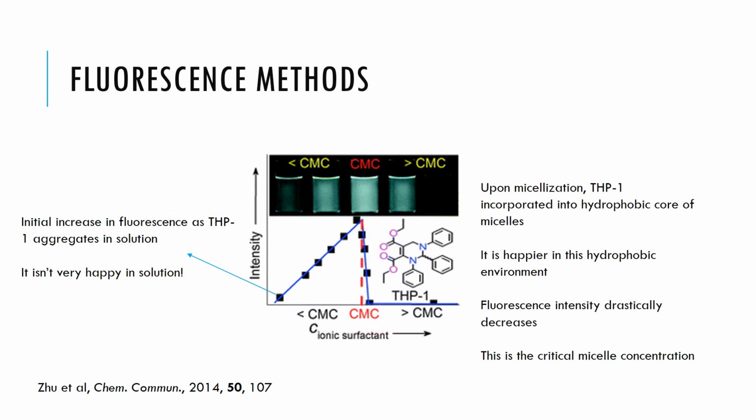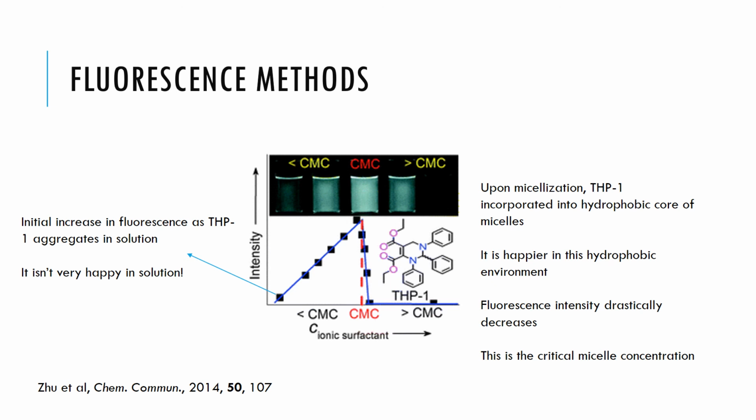And you can see that on the graph here. This is taken from a paper, the reference I give you in the bottom left there. You gain an initial increase in fluorescence as the dye starts to aggregate in solution. But then upon micellization, you see this rapid decrease in fluorescence as the dye is incorporated into the hydrophobic core of the micelles.